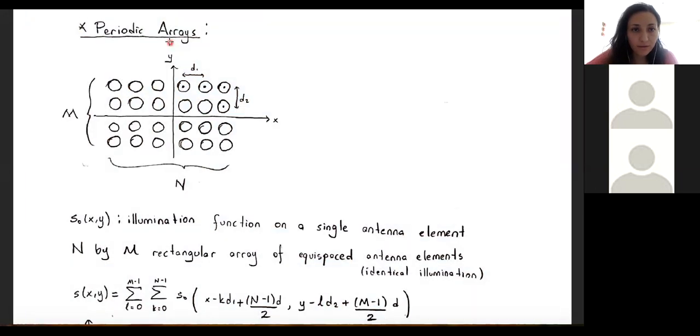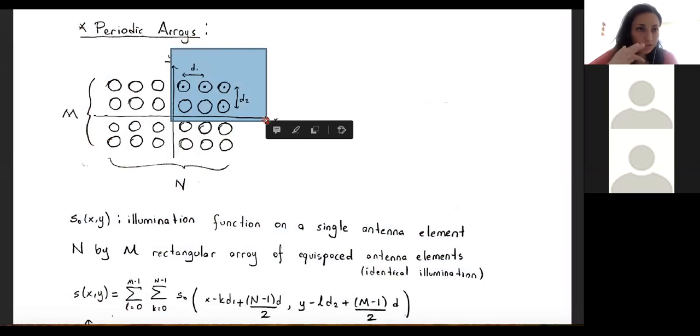Actually, including the origin, it's going to appear here. But we want to generally have an antenna array or an array model or periodic structure that is centered at the origin. So we need to basically shift this portion to the origin.